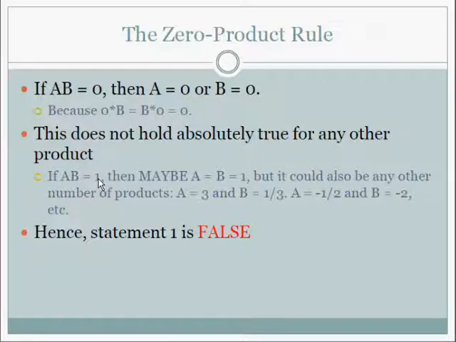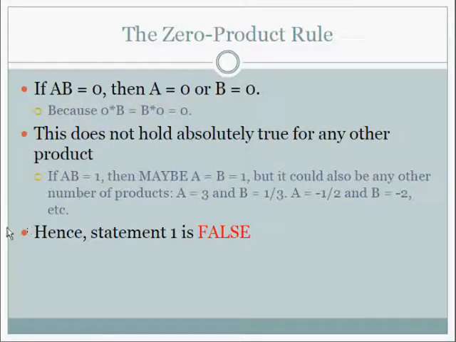If you think that the only thing that multiplies to 12 is 12 itself, you need to go back and learn about your prime and composite numbers and stuff like that. You could have had 12 times 1/12, negative 2 times negative 6. There's not enough information to tell us that one of these factors has to be 12. Right off the bat, there's just no guarantee of that whatsoever.